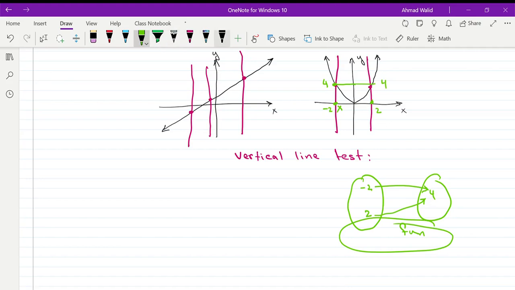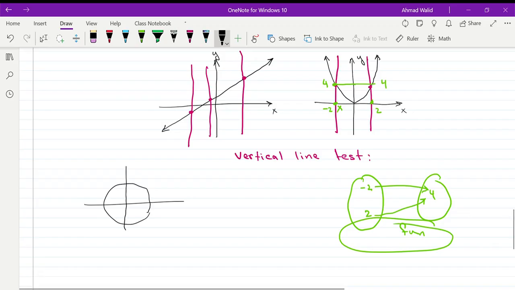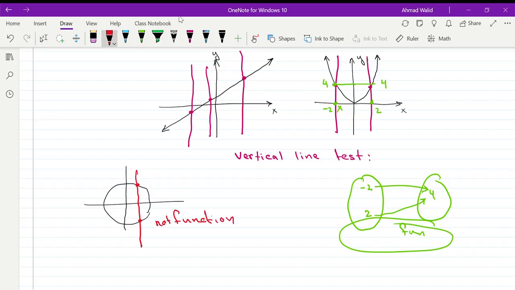The vertical line test is actually the shortcut of this. Look at this graph. I drew a circle for you. If you do a vertical line test, you intersect the graph twice, more than one time, then this is not a function. Algebraically, for one x, you have two y's at the same time.